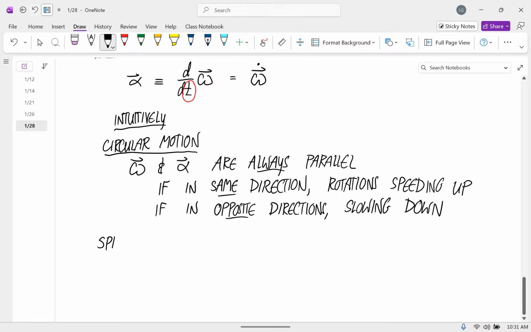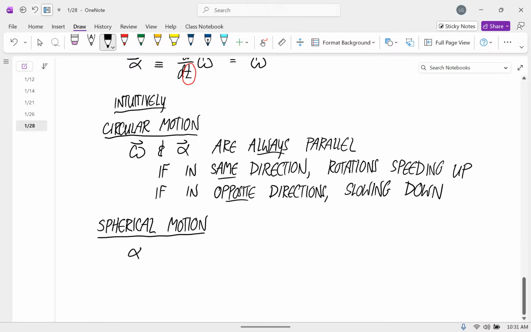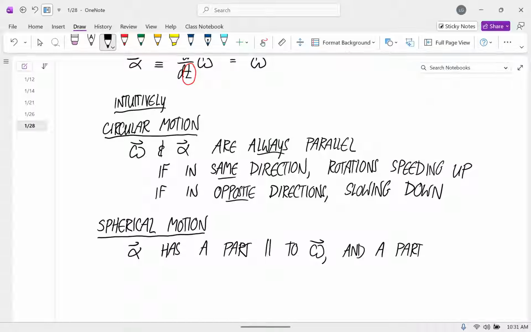If you're in spherical motion, it's a little more complicated. They're not always parallel. They're not ever parallel, or it would be circular motion. You can think of the angular acceleration as having a part that's parallel to the angular velocity and a part that's perpendicular to the angular velocity.